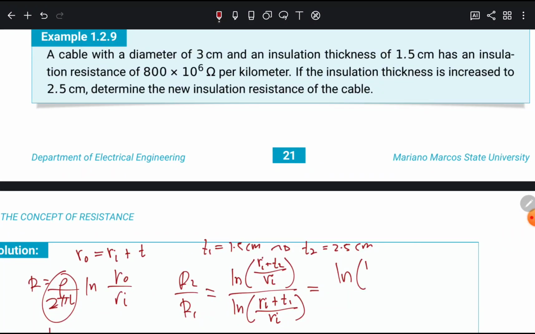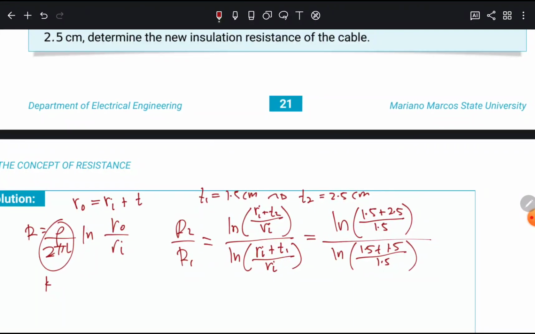So ln of 1.5 plus, instead of 1.5, we add 2.5 because that's the new thickness, and you divide that with still 1.5. And divide the whole term by ln 1.5, that's the inside radius, plus 1.5 because that's T1, divided by 1.5.